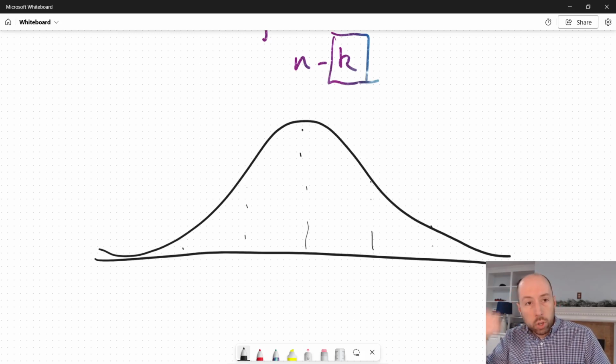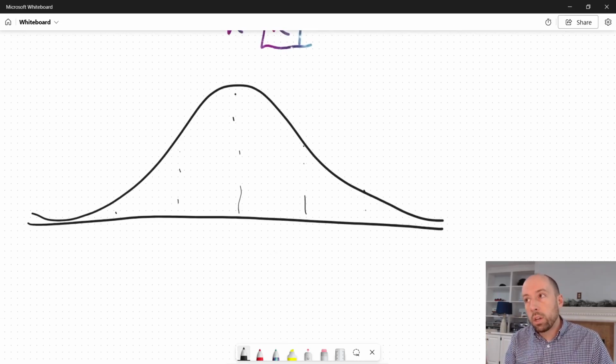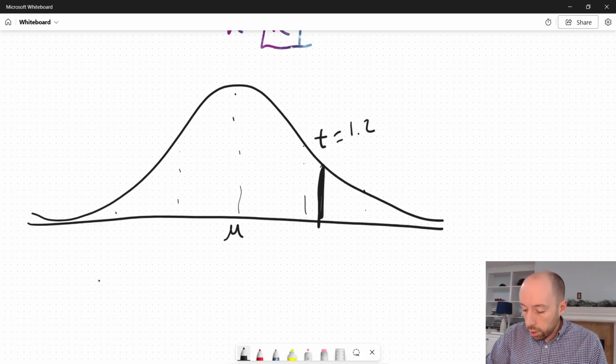You calculate whatever x bar is in terms of a t-statistic, and you say, well, the data that I got came in 1.2 standard errors above my null hypothesis. So the x bar that we actually observed gave us something like this, t equals 1.2, meaning that if mu is here, x bar is here, and then we relabel the axes to make everything 0, 1, 2, 3, 4. All right, so mu and x bar.